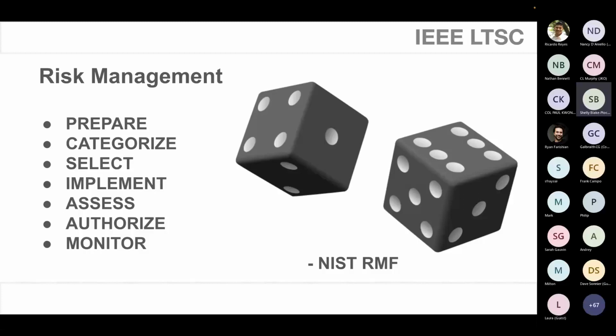That will allow you then to implement the controls, document how they're deployed, assess and determine if the controls are in place, are they operating as they are intended to, and are they producing the desired results. One thing that you don't want in a risk management framework is to find that the controls that you have implemented are now confining your ability to carry out the mission.